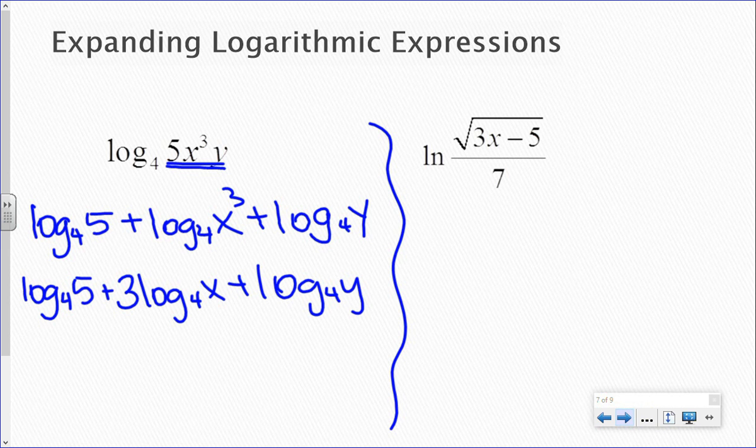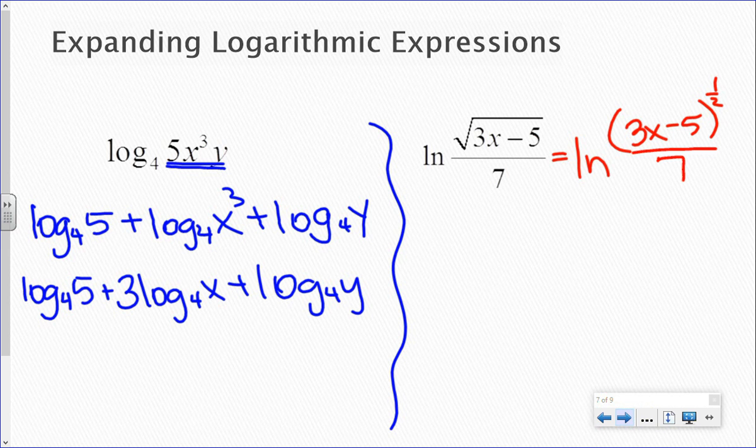The second example, that square root is a little intimidating. What can we do with it? We just leave it? Change it to a power. What would that power be? Okay, so this is the same thing as 3x minus 5 to the 1/2 power over 7.